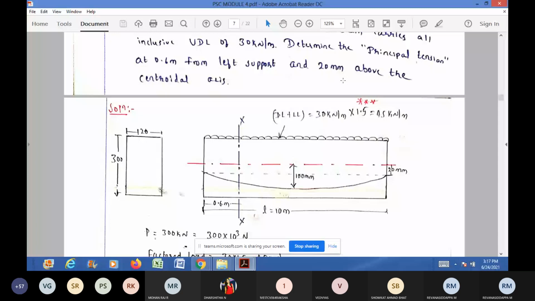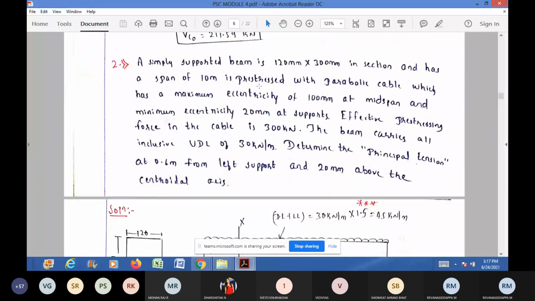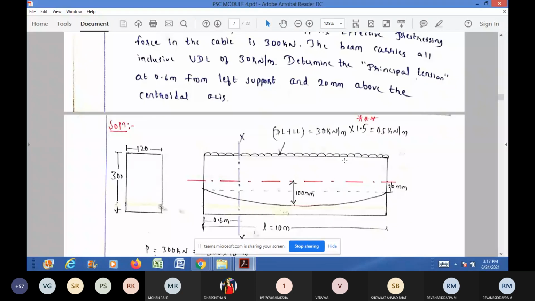You first write the diagram. You write a rectangular cross section and mention the given dimensions 120 by 300. Longitudinal section also you write. And you give eccentricity for the cable at the midspan as 100 mm and eccentricity at the support as 20 mm from the neutral axis.